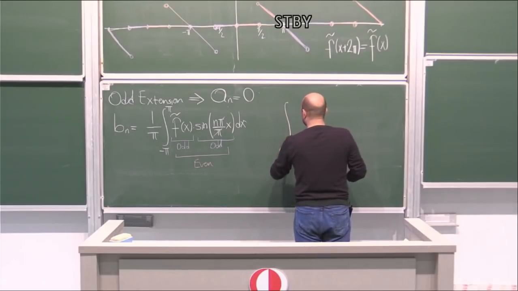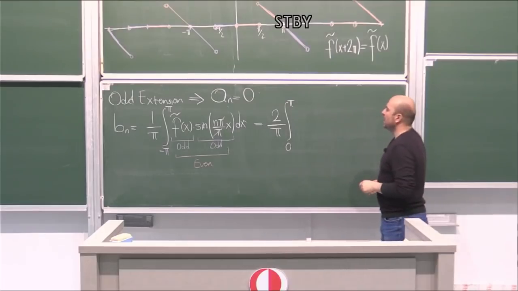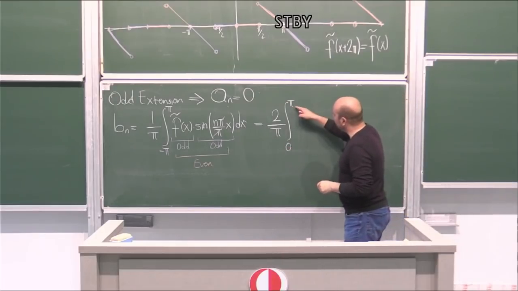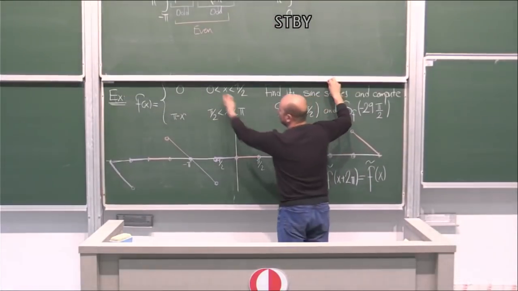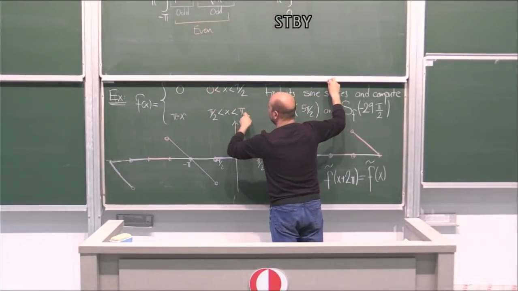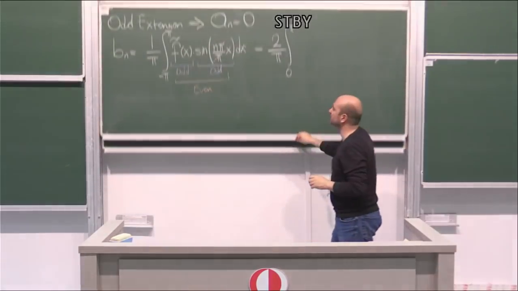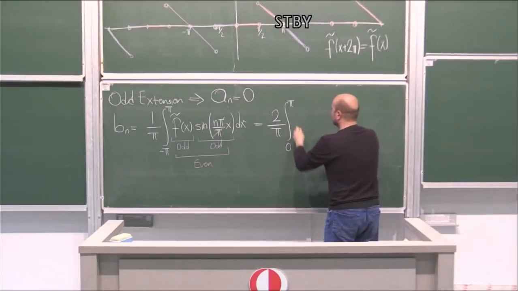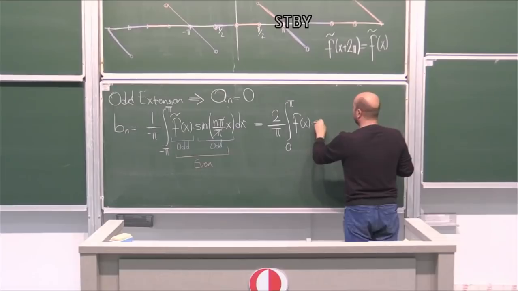I can just integrate from 0 to pi, and then I will double my integral, 2 over pi. But between 0 and pi, it is already my function, because between 0 and pi I'm going to use the function itself, not its extension. So I will use f of x times sine n x dx.